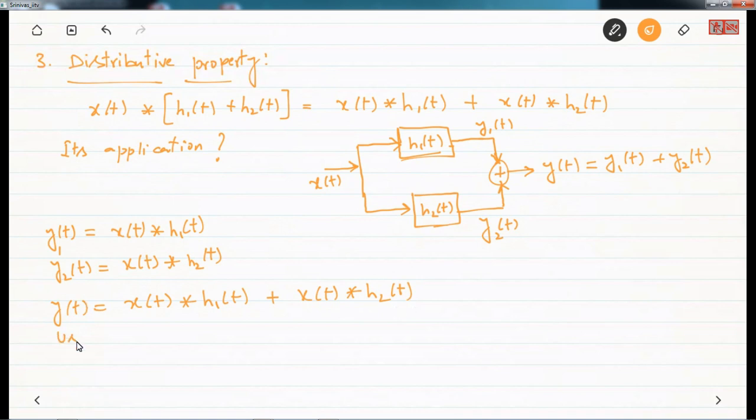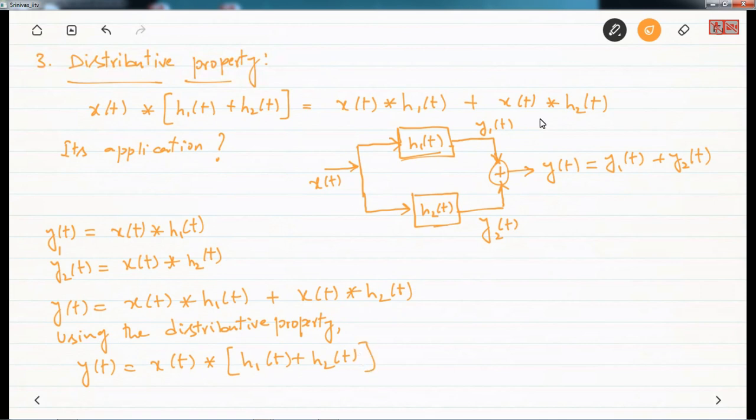Now using the distributive property, y of t can be written as x of t convolved with h1 of t plus h2 of t.